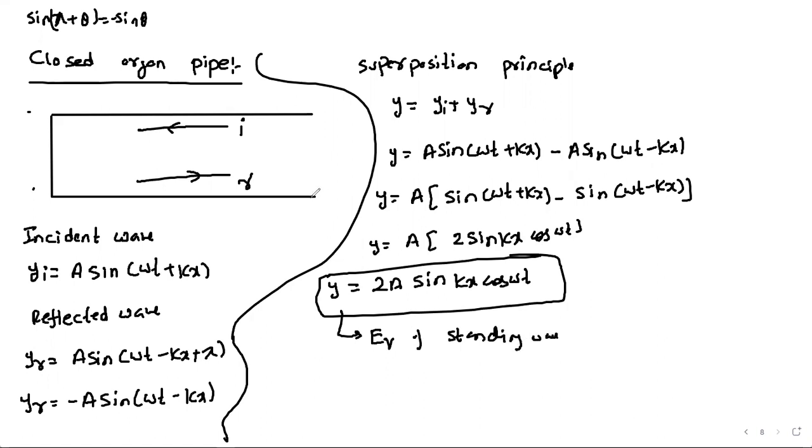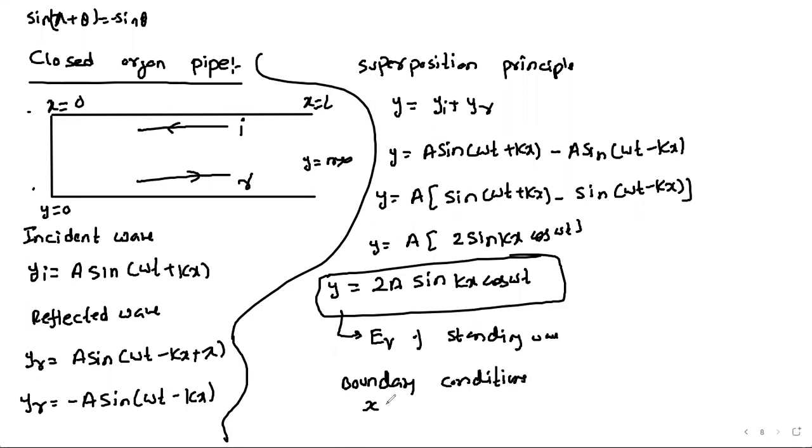The next thing is boundary condition. For boundary condition, this is x equal to 0. At x equal to 0, it's a closed boundary, so y equal to 0. This is x equal to L, where we have an open boundary, so y equal to max. I am using boundary conditions here.